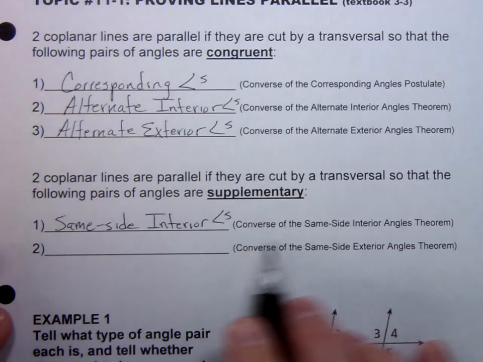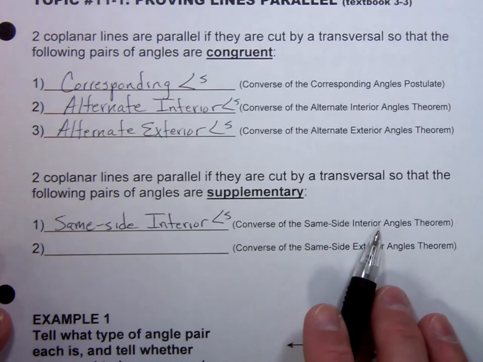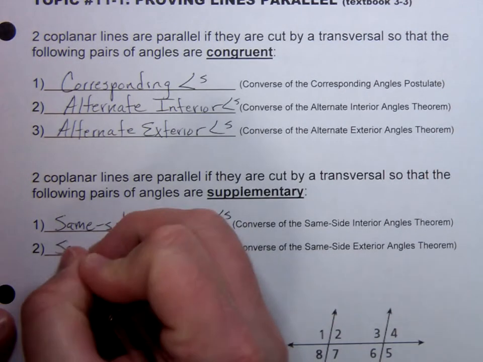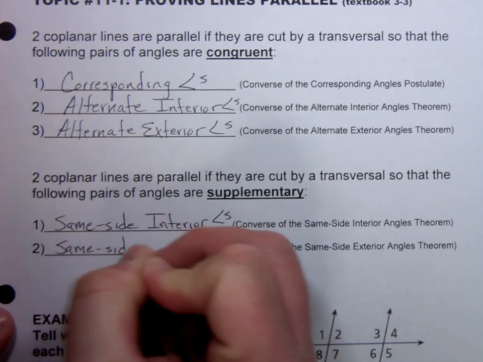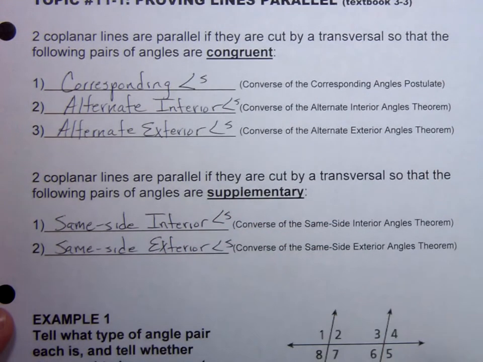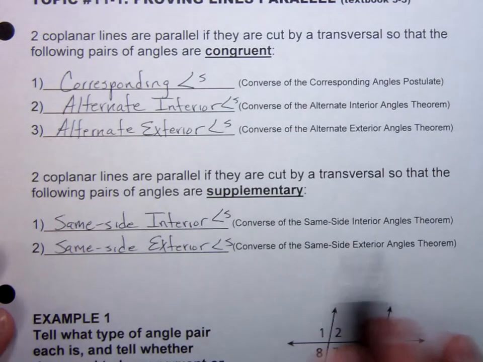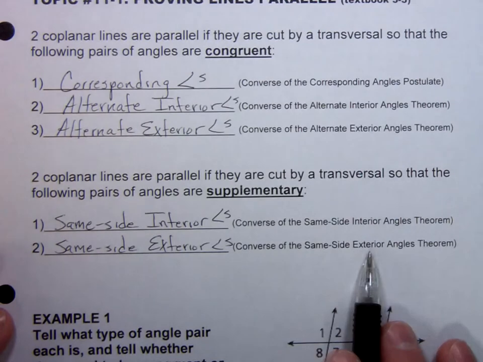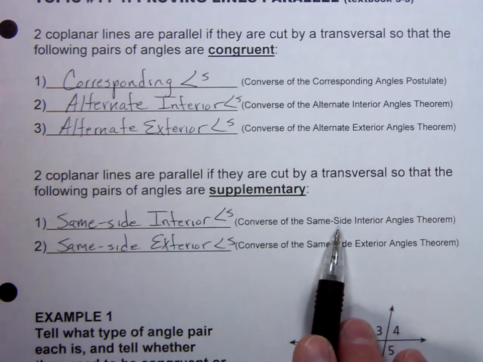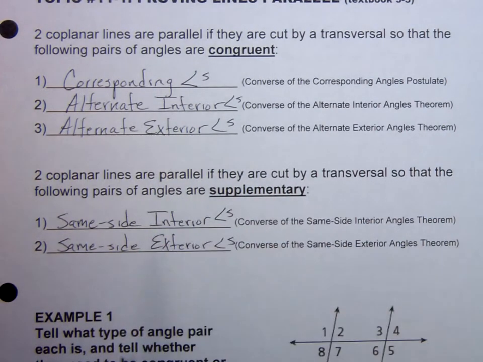So the converse of the same side interior angles theorem says that if same side interior angles are supplementary, then those two lines have to be parallel. Converse of the same side exterior angles theorem is if same side exterior angles are supplementary, then the lines are parallel. So these types of angles need to be supplementary to prove that the lines are parallel. These types of angles have to be congruent to prove that the lines are parallel.